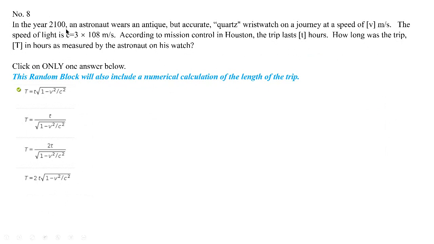In the 22nd century, an astronaut wears an antique but accurate quartz wristwatch. It's like a special cesium atomic clock, but this question says, a very fancy Rolex watch, right? Quartz wristwatch on a journey at a speed of so many meters per second.